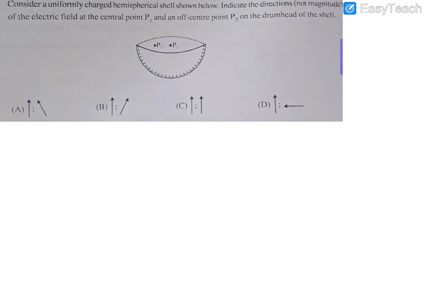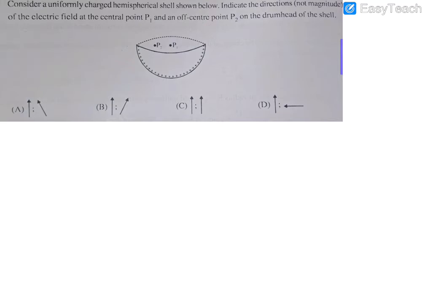So let's decide first for P1. With a little knowledge of symmetry, we can find the direction of electric field at P1. In fact, most of you must know what the direction is along with its magnitude.